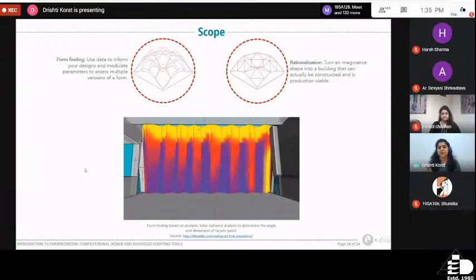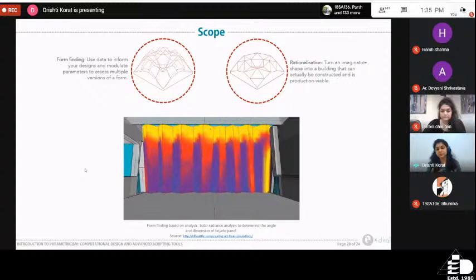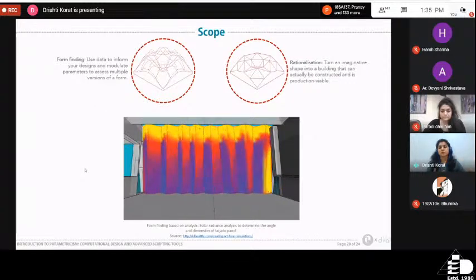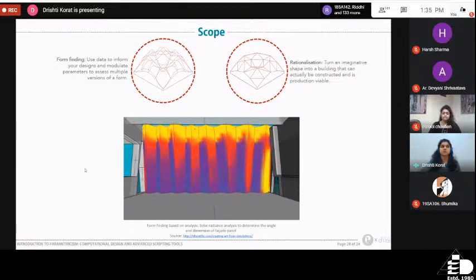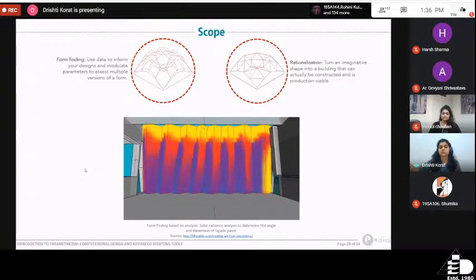And further on, rationalization. When I talk about rationalization, it basically means that when we model or design something in a software, it is a continuous surface. For example, I have this curvilinear arch going across a building, which is the roof of the building.